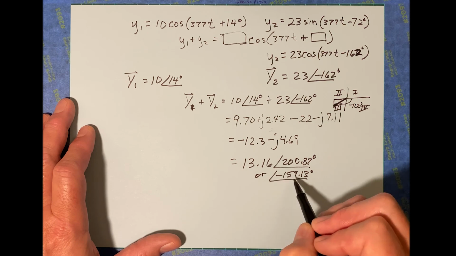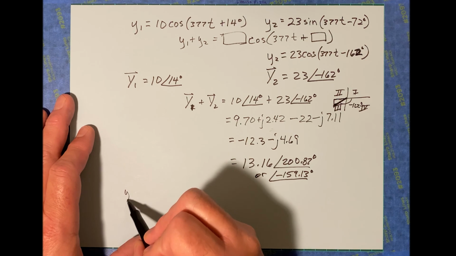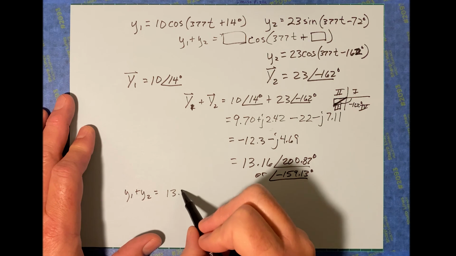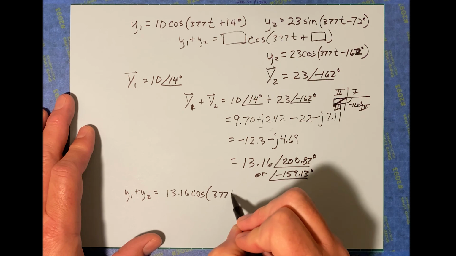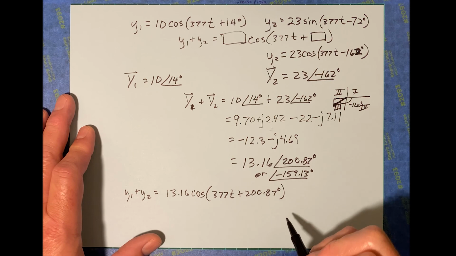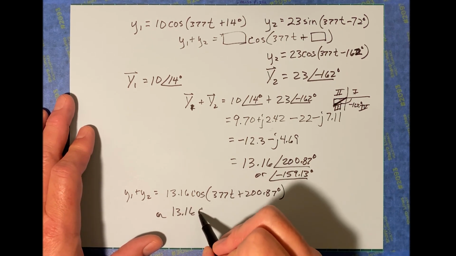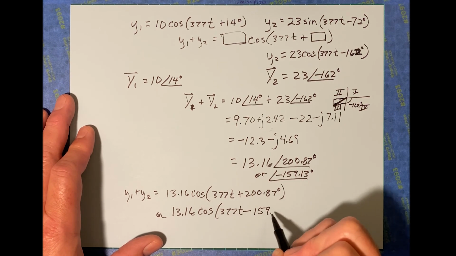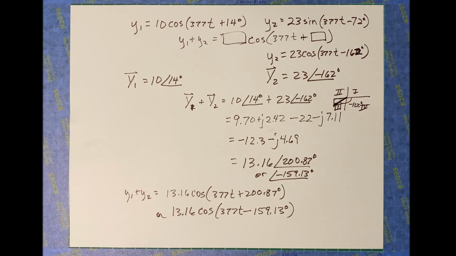Now that I have that, I'm ready to convert back into the time domain, so y1 plus y2 is going to be 13.16 times the cosine of 377t plus 200.87 degrees, like that. Or I could write it as 13.16 times the cosine of 377t minus 159.13 degrees. Either one of those would have been an acceptable answer.